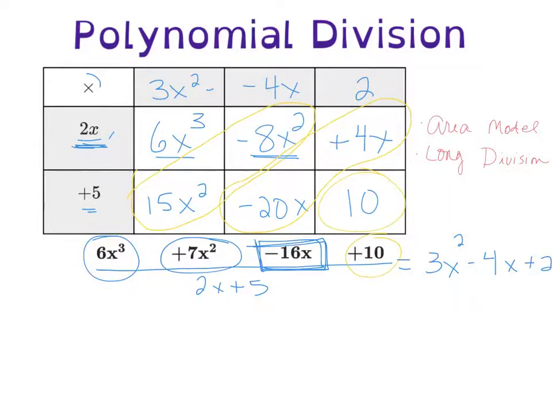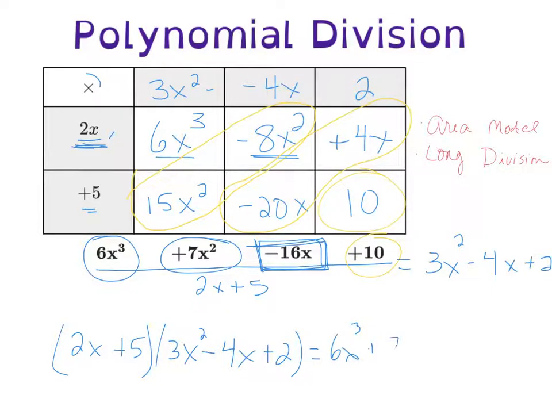That means that 2x plus 5 times 3x squared minus 4x plus 2 will give you, if you were to multiply all that out, 6x cubed plus 7x squared minus 16x plus 10. Since there was 0 remainder, that means that 2x plus 5 is a factor of that.